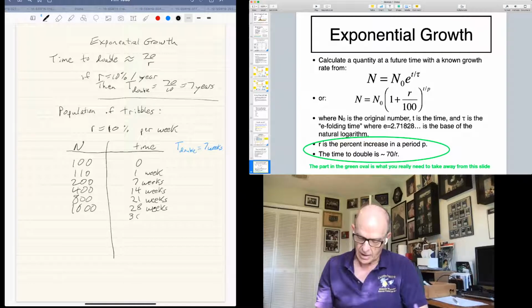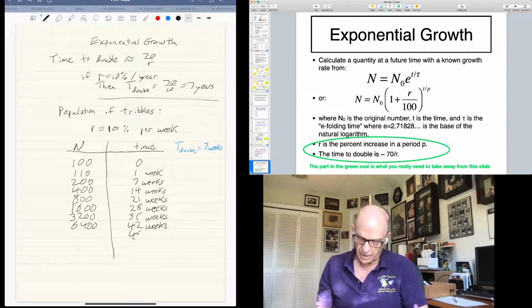After 35 weeks, 28 plus 7, one more doubling time, I would have 1,600 times 2, or 3,200 tribbles. And then after one more doubling time of 42 weeks, I would have 6,400, doubling 3,200.